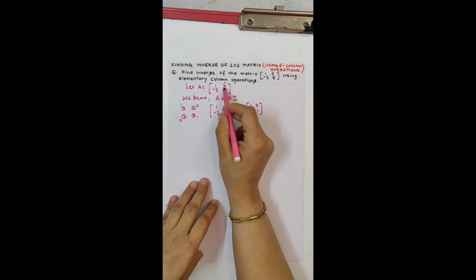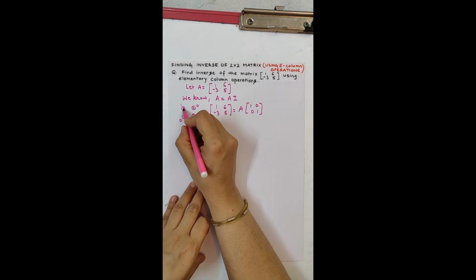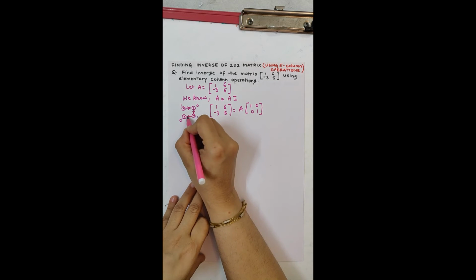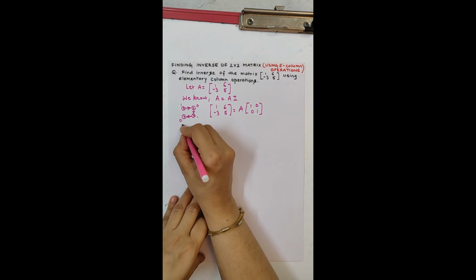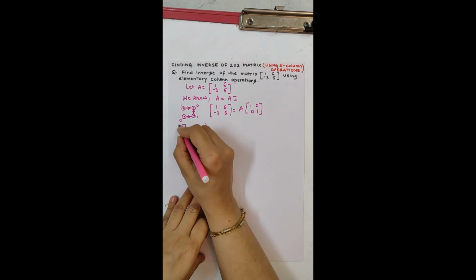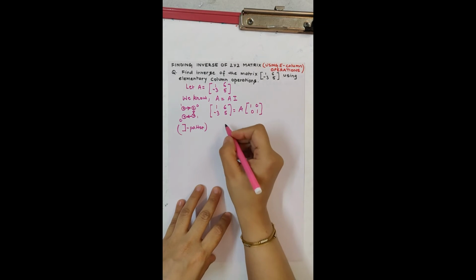Now when we apply column operations, the pattern that we follow is that we make this element 1 first, then next this element 0, then this element 1, and then this element 0. So there is a closing square bracket pattern that we are going to follow in 2 cross 2 matrices for elementary column operations. So let's get started.